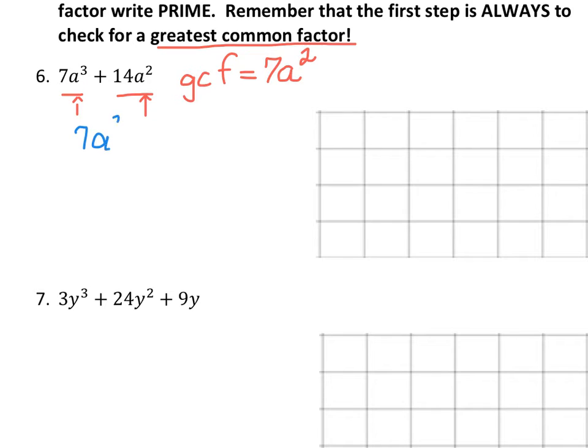Take your terms, and divide both of those terms by your greatest common factor. And then when you do that, what you have is that 7 cancels 7, and a to the third over a squared leaves you with a to the first power.